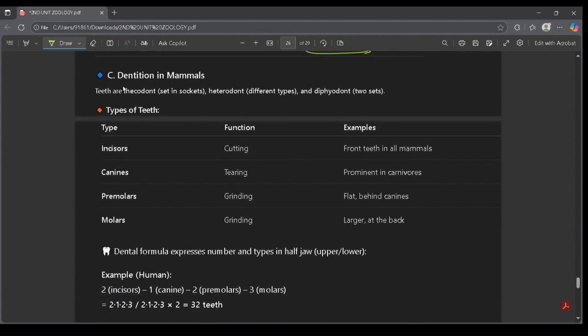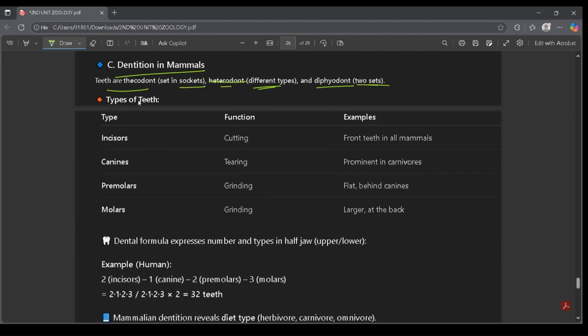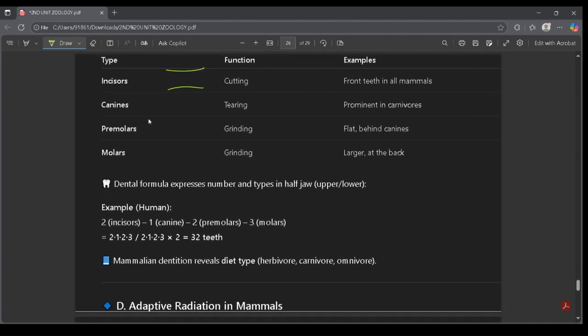Then we have dentition in mammals. Teeth are thecodont, set in sockets, heterodont, which is different types, and diphyodont, two sets, which means that the teeth are set in sockets and are of different types, and of course, they are in two sets. One being the upper portion, one being the lower or downward portion in general.